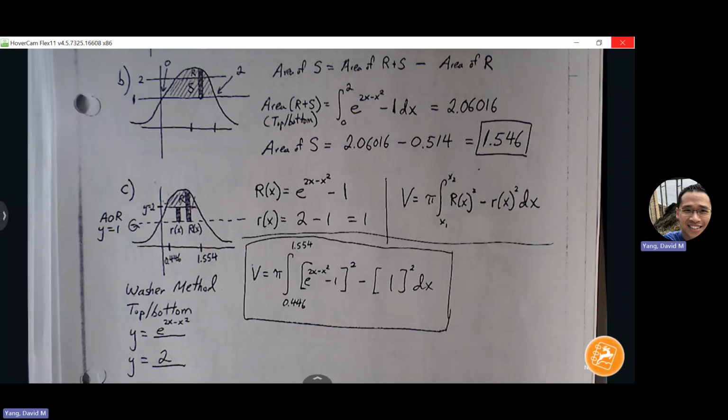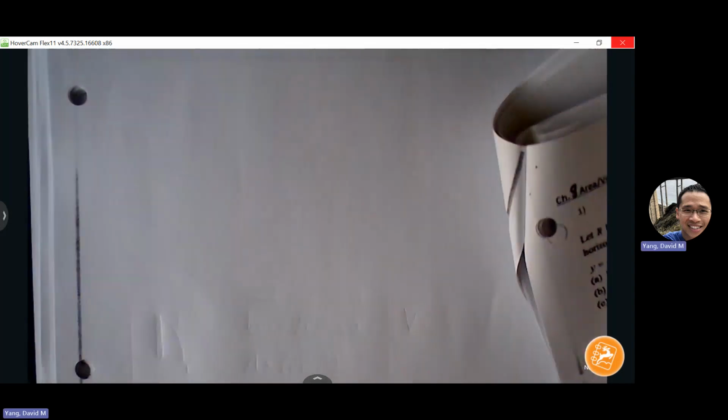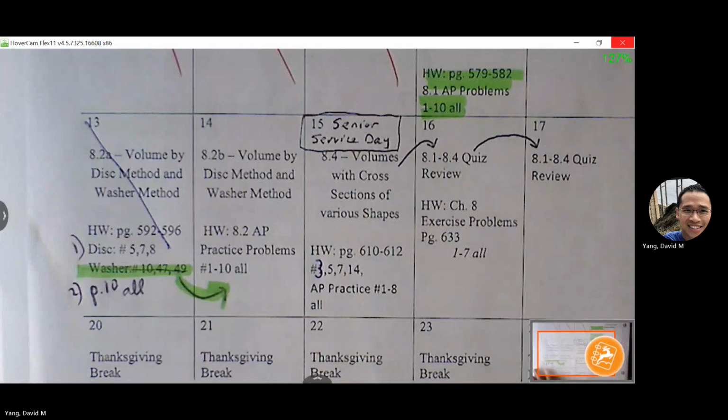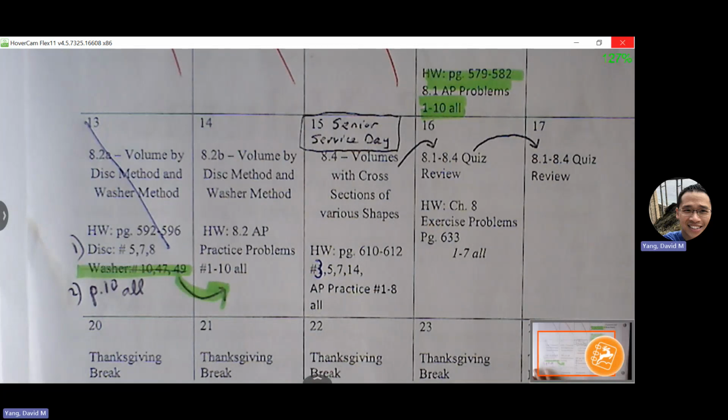Okay, so your homework is in your calendar. This will be the homework from the textbook. Oh, I'll send out a reminder about this, but I made a mistake when I was writing out the assignment. Not number 1, but starting with number 3. So for your cross-section homework, it's going to be page 610 to 612, numbers 3, 5, 7 to 14, and then your AP practice 1 through 8.